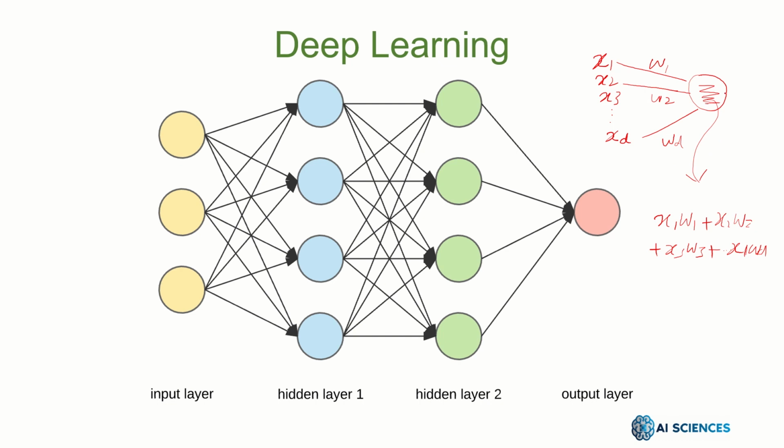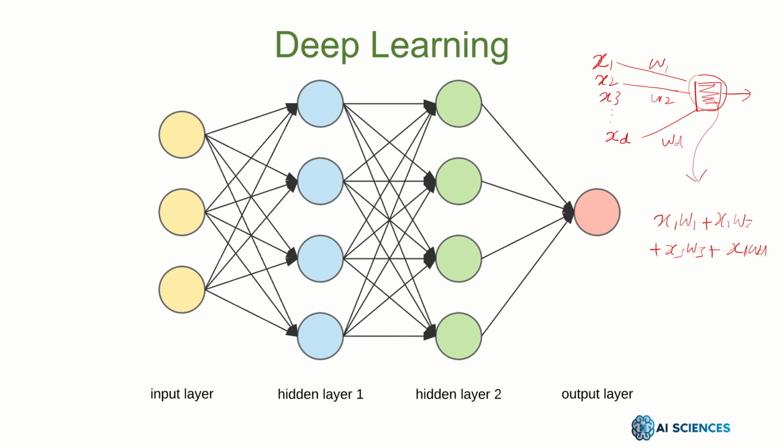And whatever that number is, you apply some activation function on it. Maybe the activation function is just a threshold. For example, if that weighted sum of the inputs is larger than a particular number, then proceed by producing 1, otherwise proceed by producing 0.